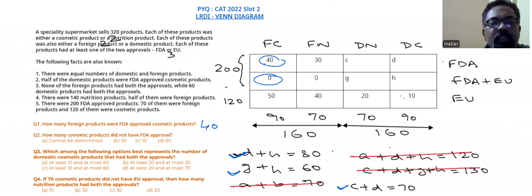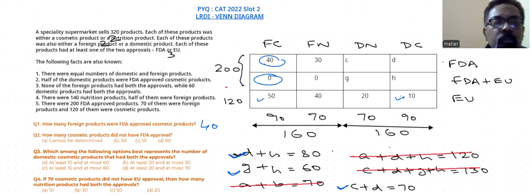How many cosmetic products did not have FDA approval? That means we need not focus on the first and second row. We have to focus on the third row only, and we have to check cosmetic products. Third row only, cosmetic. It is 50 here and it is 10 here.